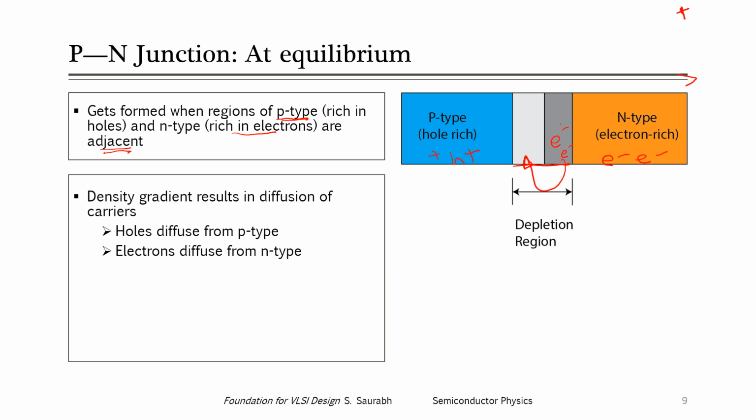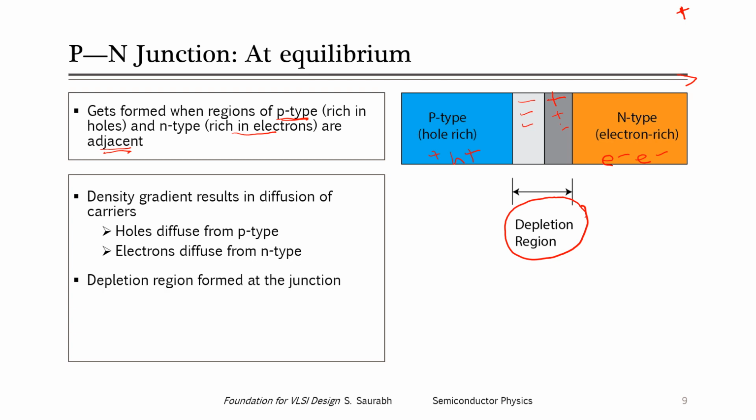So we have here only positively charged ionized donors on the N side, and negatively charged acceptor ions on the other side. And this region is deficient of carriers, and therefore it is known as the depletion region, meaning that it is depleted of all the carriers. So the depletion region is formed at the junction, right?